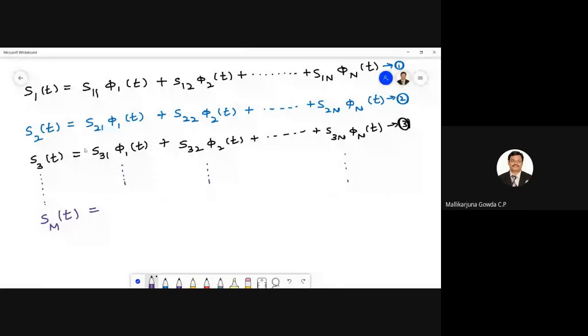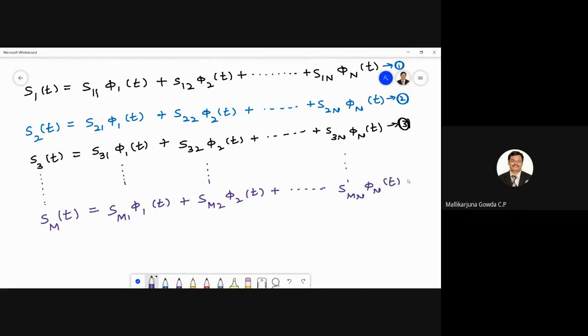Yes, so the value of i is M. So SM1 phi 1 of t plus SM2 phi 2 of t, and so on up to SMn phi n of t.